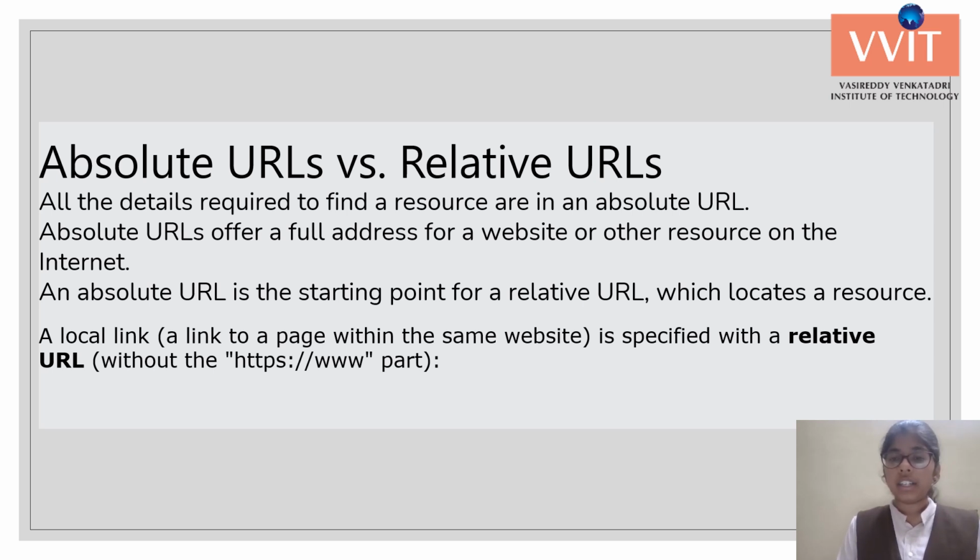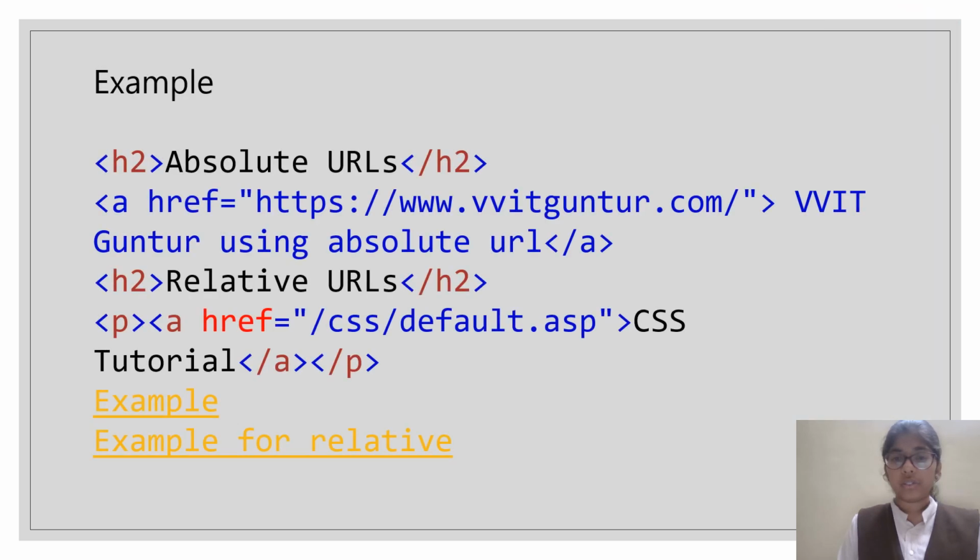That means a relative URL is a local URL, a local link, and an absolute URL is the full address of the website. So in this example, the first URL is an absolute URL, whereas the second one is a relative URL.